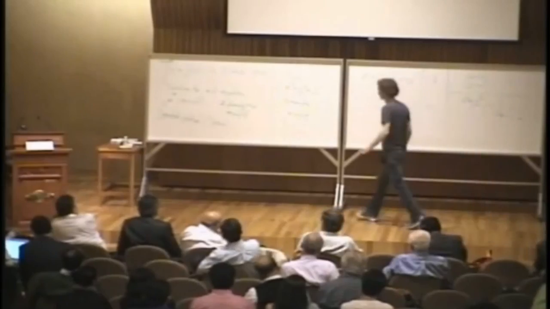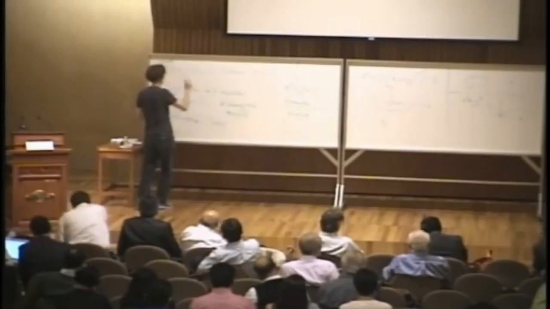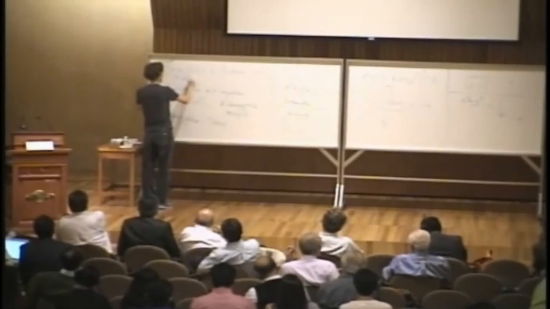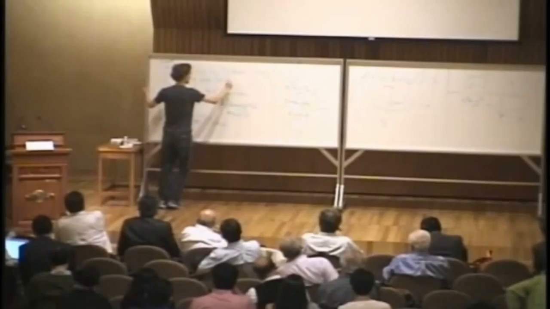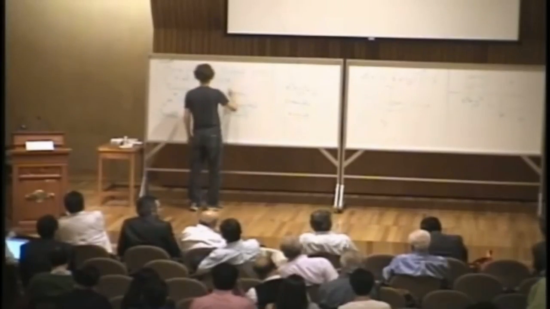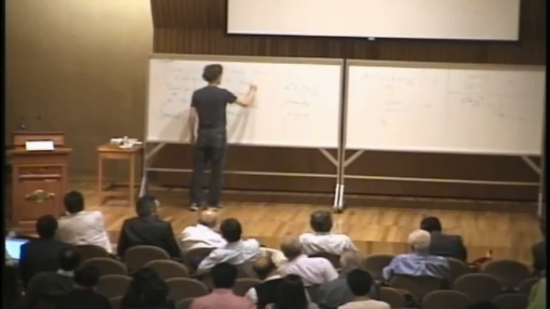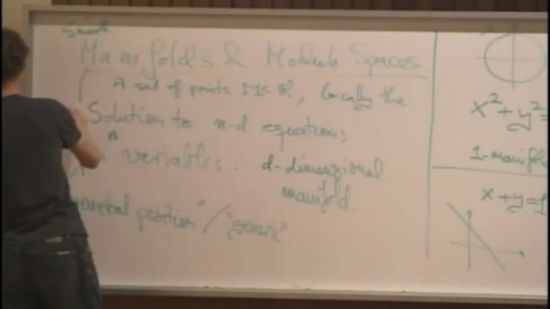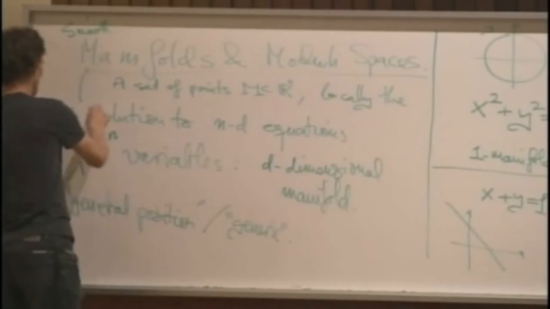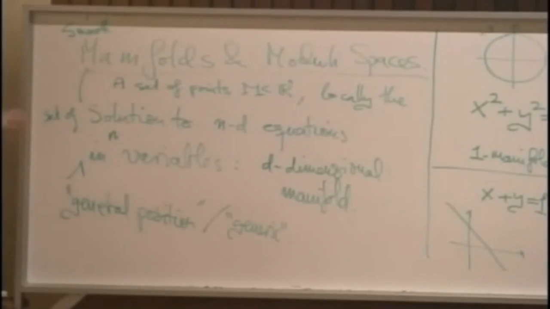So locally the set of solutions to this many smooth equations in n variables and a condition on the derivatives.